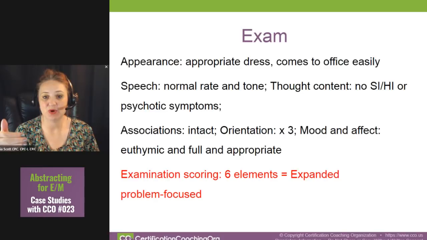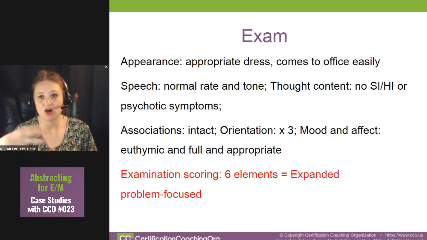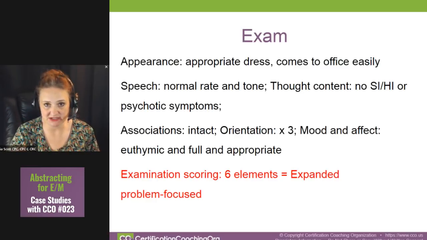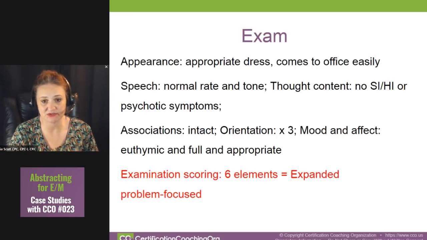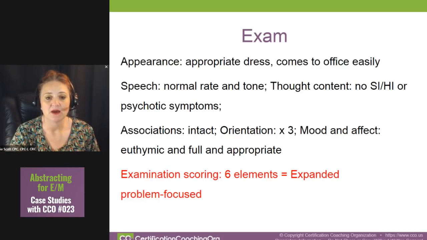But that is part of the exam. And we have to think of signs and symptoms. Again, what do we know about ADHD? It helps you to understand disease processes, to abstract encoding. So I have an ADD child, but I never had an ADHD child, which is that hyperactive component. So normal rate and tone.